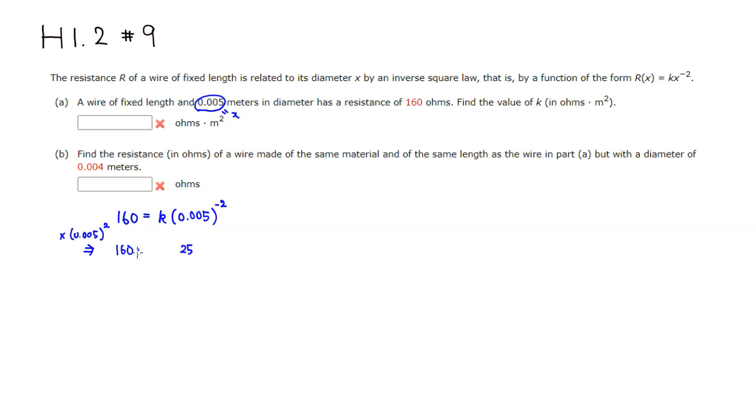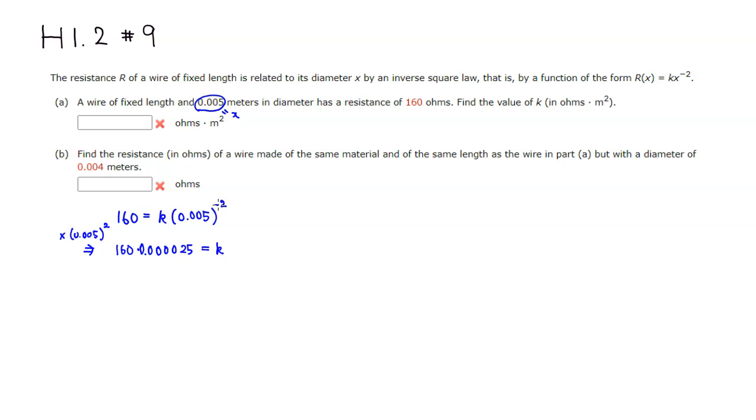So it's going to be 0.000025, kind of a small number, is equal to just K.